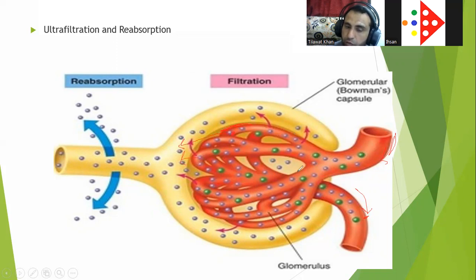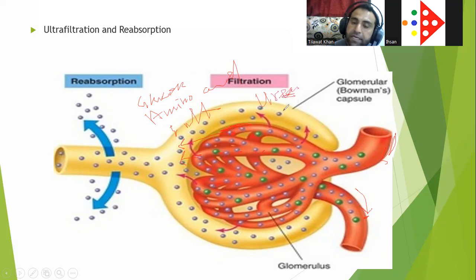But large molecules like protein or the cells, red blood cells, white blood cells, cannot pass through the membrane, so they will remain inside your capillaries. But small molecules like glucose, amino acid, salt, urea, creatinine, ammonia, all these things will go toward the Bowman capsule.